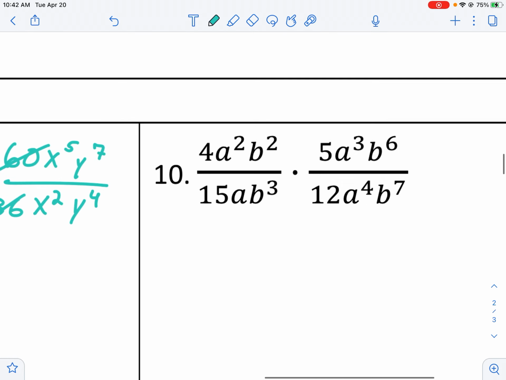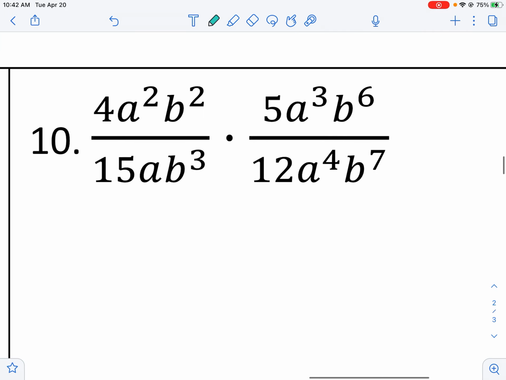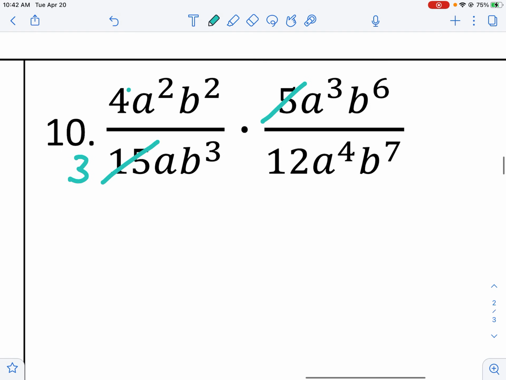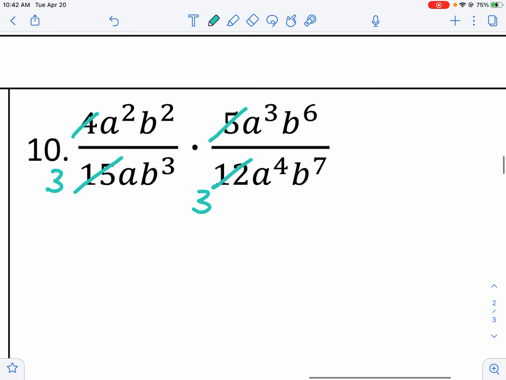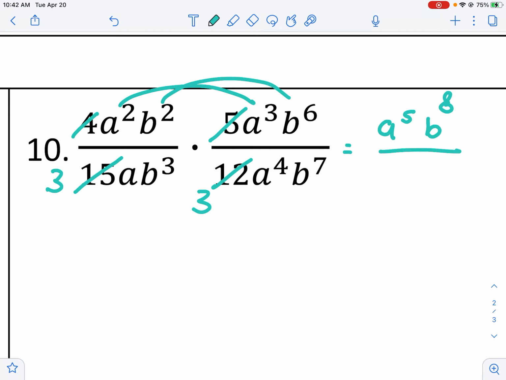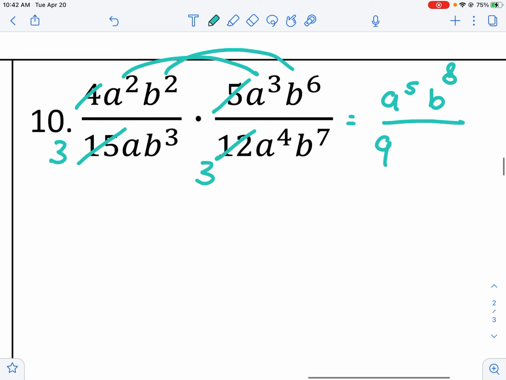You could also reduce across the multiplication symbol. So like right here we have 15 reduces with this 5, would become 3. 4 and 12 reduce, and that becomes 3. I kind of like multiplying all the variables together just so that they're all in one spot. So a and a squared, a cubed is going to become a to the 5th power. B squared, b to the 6th becomes b to the 8th power because we add. 3 times 3 is 9.